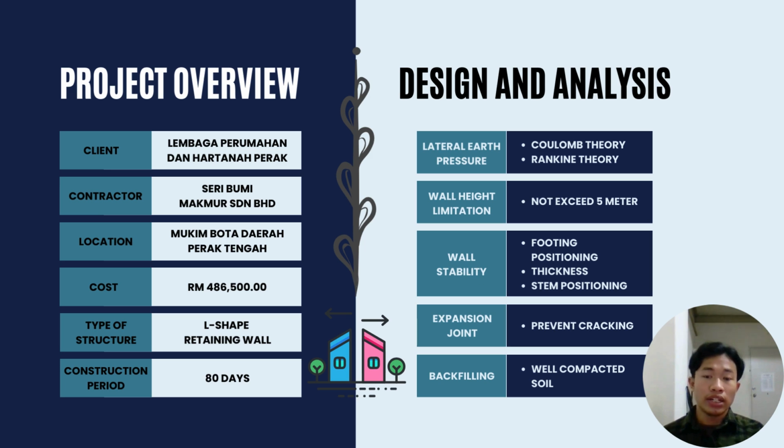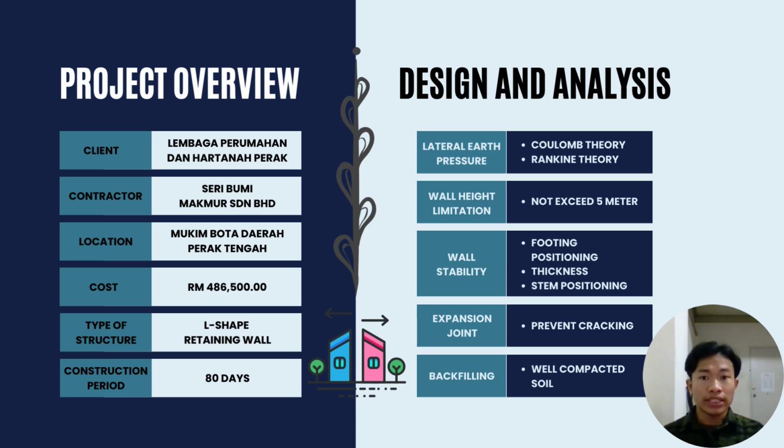In designing the retaining wall, the contractor applied two main theories: Coulomb theory, which accounts for the friction between the wall and the soil, and Rankine theory, which simplifies the prediction of lateral earth pressure by assuming a vertical wall face and ignoring wall-soil friction.